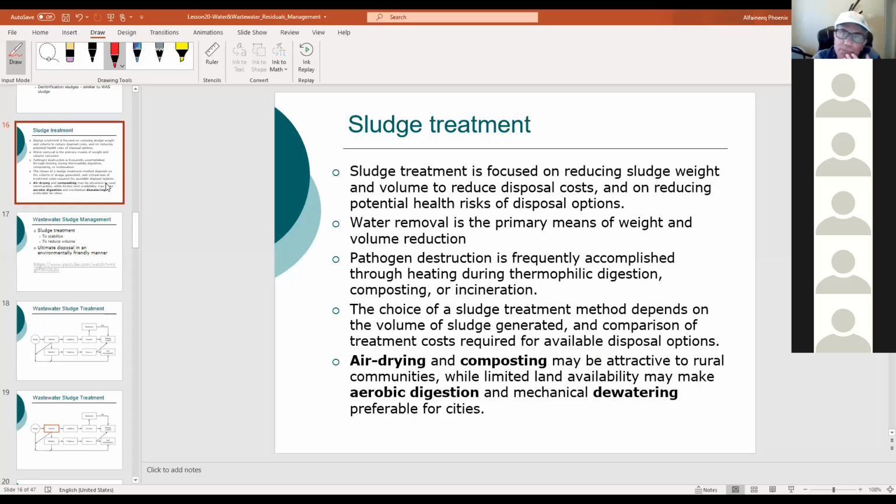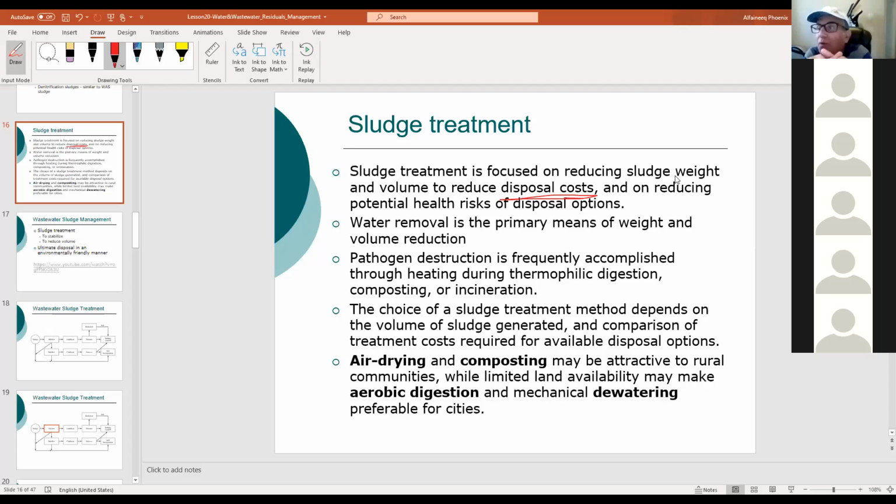Now, the goal actually is very simple. You need to reduce the volume. Why? Because it's going to be costly for you if you don't. So this is the cost reduction. The disposal costs are high, so you need to reduce the weight. And the best way to reduce the weight is to get rid of water, as we just said. Sludge is mainly water.